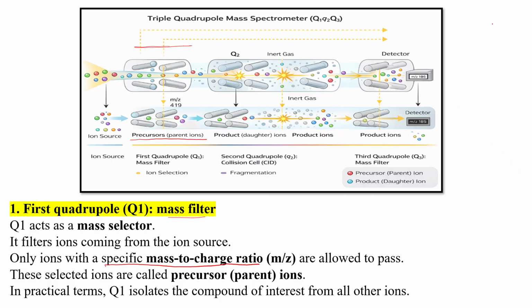In practical terms, Q1 isolates the compound of interest from all other ions.